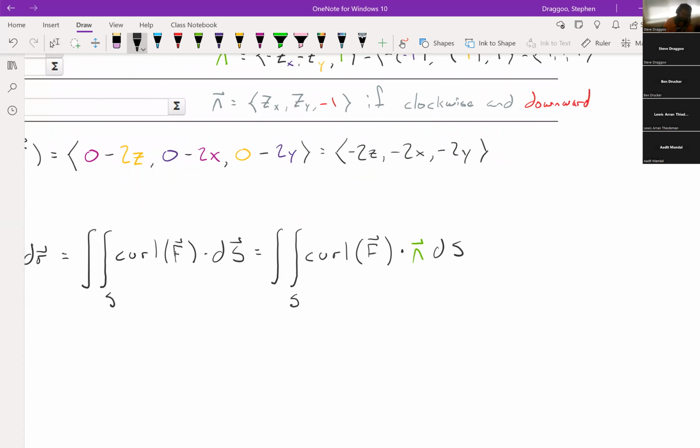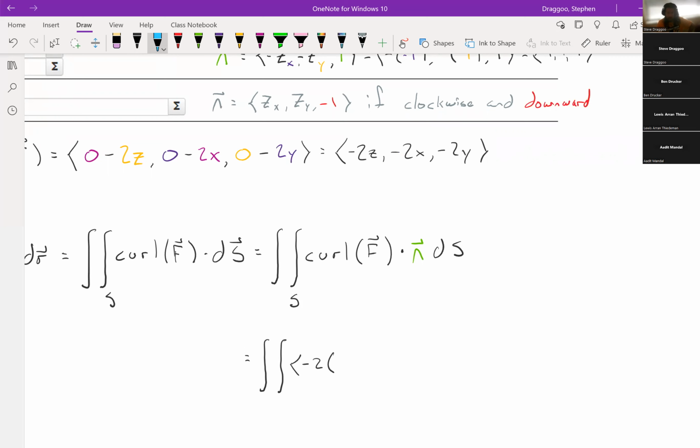Let's just write everything in. I've got an integral of curl F dotted with n. So this thing looks like negative 2 times z, but now we're doing a double integral here, or an iterated integral.